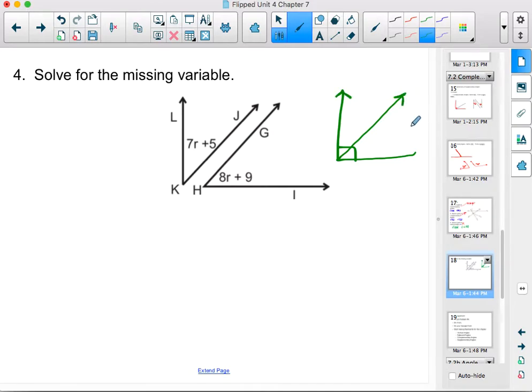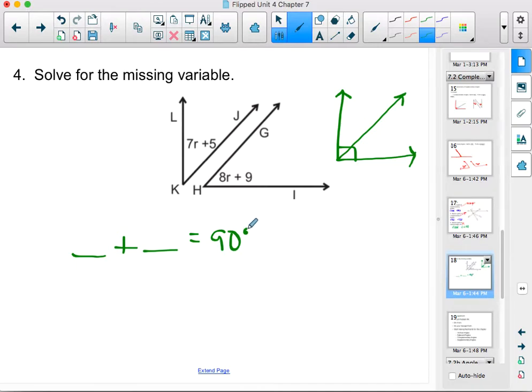Now we are being asked to find the value of the variable. So we're asked to find r. So the first thing we have to remember is these two angles are complementary, so they add up. If we add those two angles up, we are going to get 90 degrees.